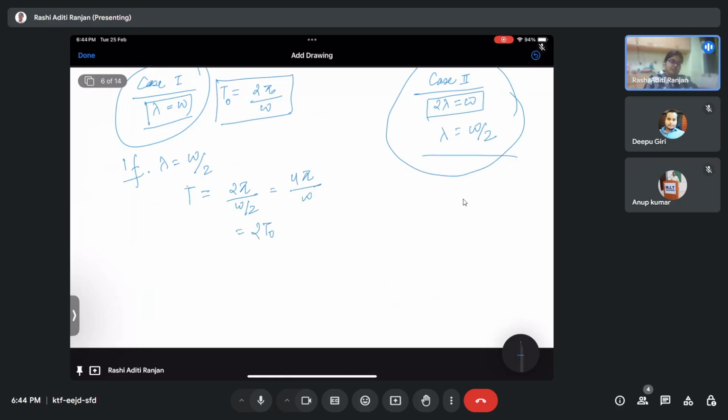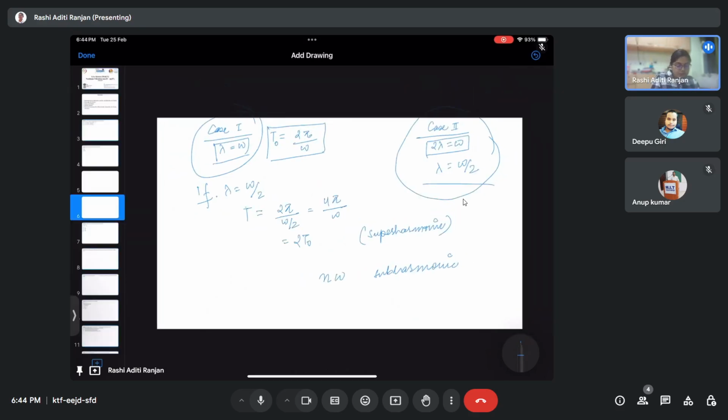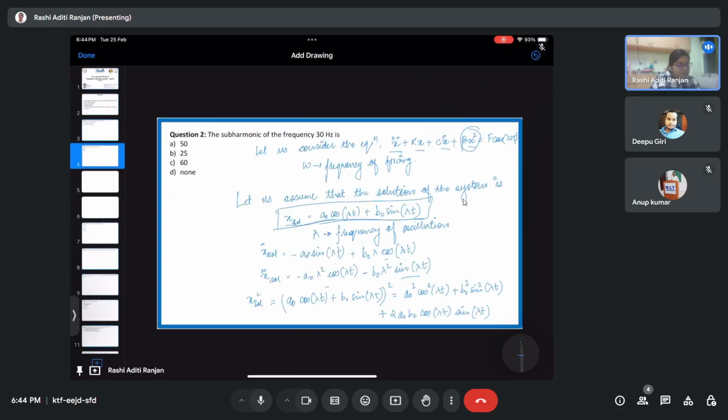So if this is the case, then I call it a super harmonic. And if there is some other case where I have n omega, I call it a subharmonic.